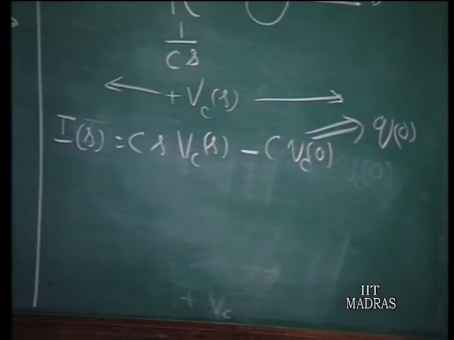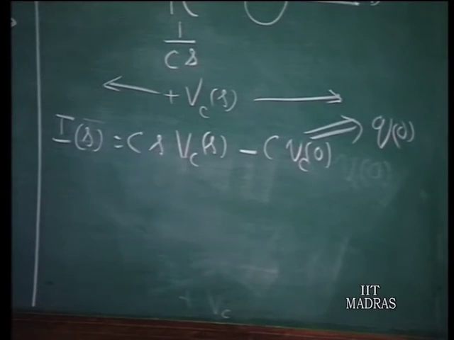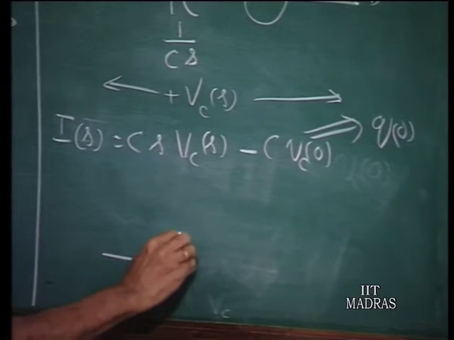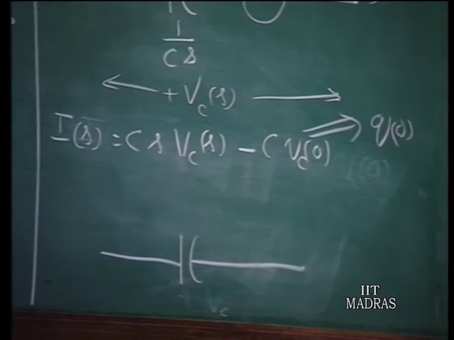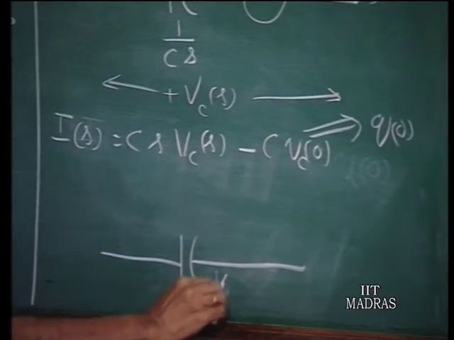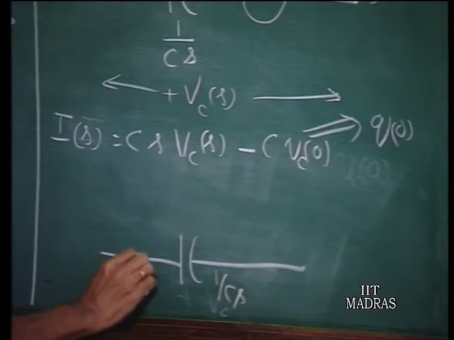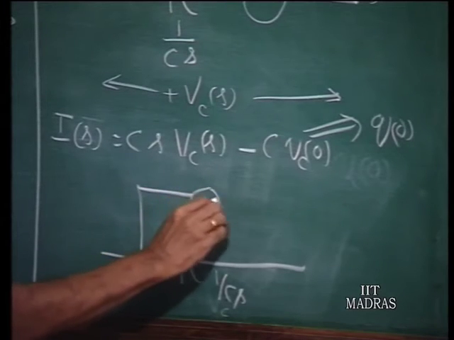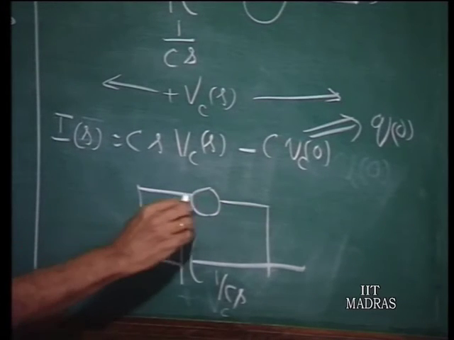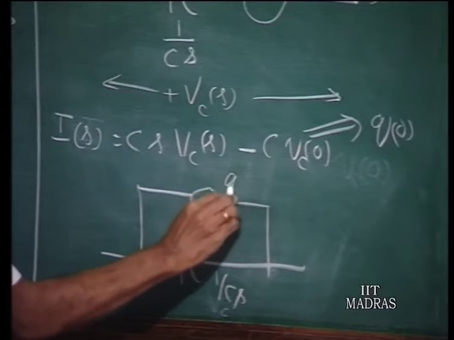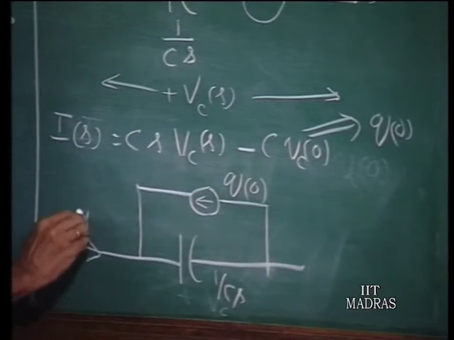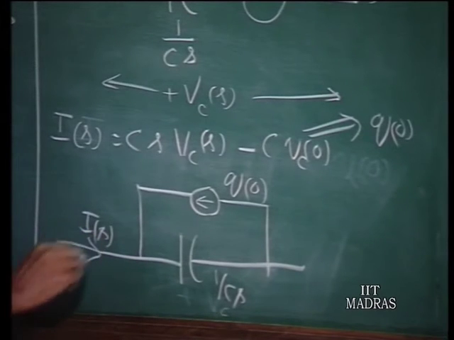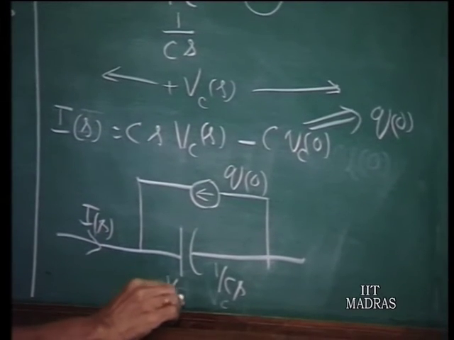Therefore, I can represent this equation by means of a circuit like this, whose impedance is 1 over Cs, and in parallel with this we have a current source whose value is Q0 in the transform domain, and the current here is I of s, and the voltage across this is Vc of s.